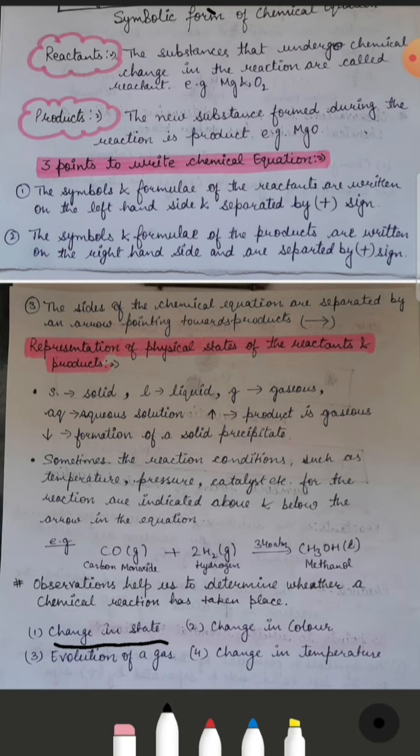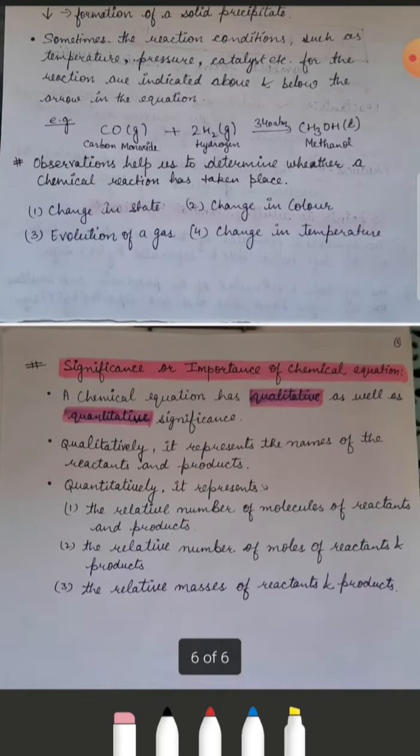Then, change in color. You can take the iron nail example, changing color. Okay, evolution of gas. Sometimes gas is evolved during chemical reactions, and sometimes a change in temperature indicates that yes, there is a chemical reaction taking place.